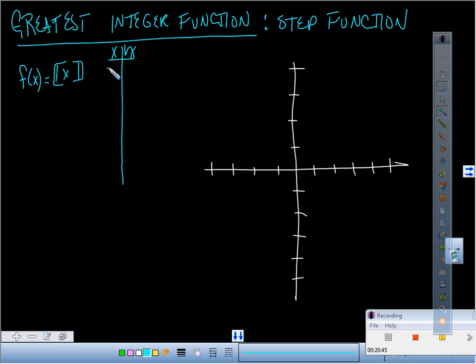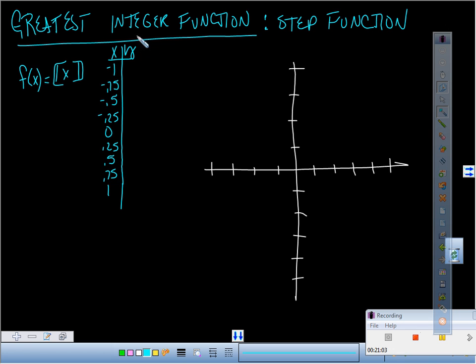Now, I'm going to pick -1, -0.75, -0.5, -0.25, 0, 0.25, 0.5, 0.75, and 1. Okay? I know it seems like a lot, but it's kind of a weird looking function, so it might take us a little bit before we see a pattern.